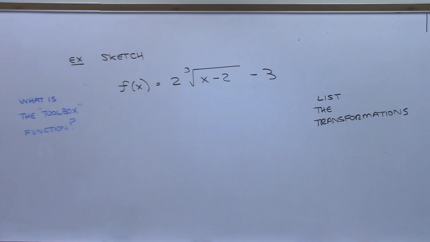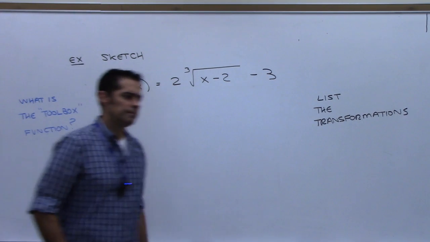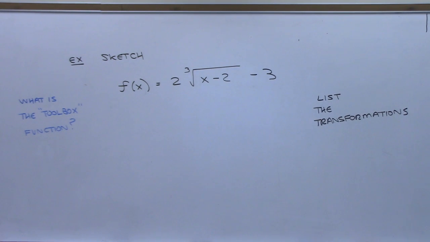So, right 2, down 3, vertical stretch. Yeah, okay. I'll have to verify with the picture, but I think that's going to work. Who else? So you go right 2, and if you multiply by 2 out front, it's going to do a vertical stretch.